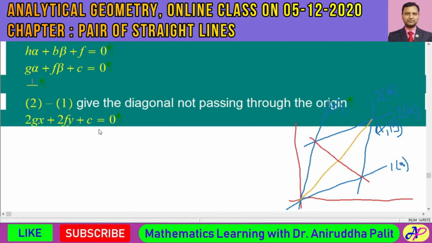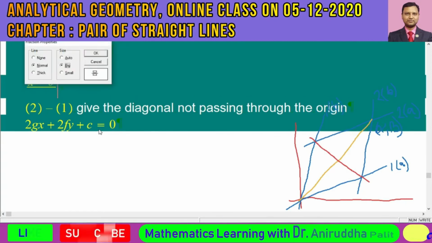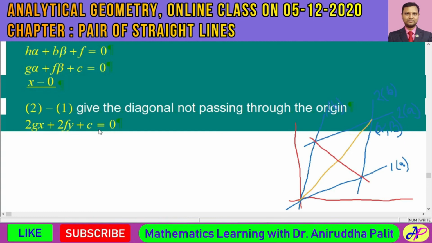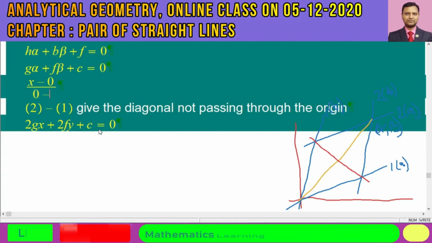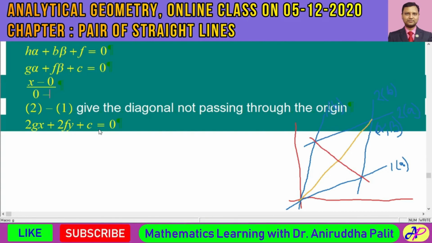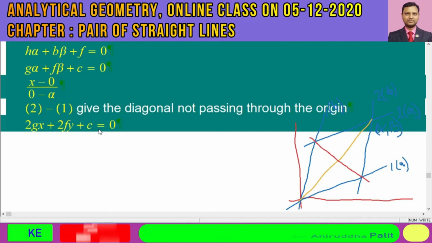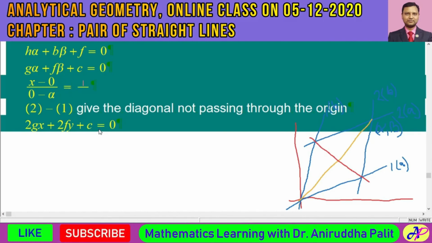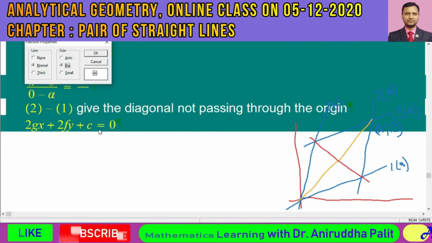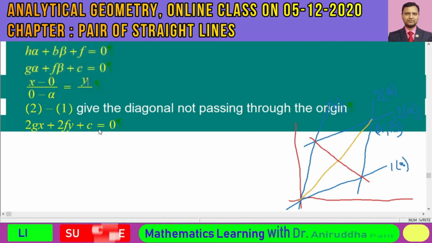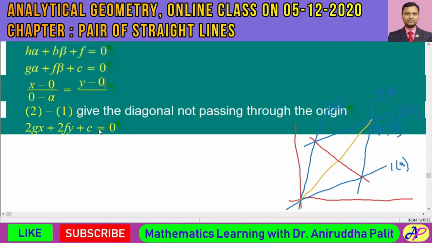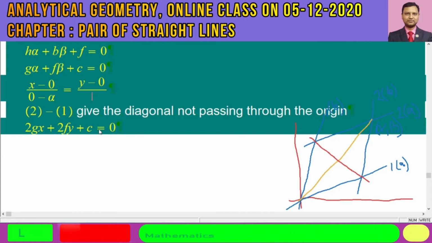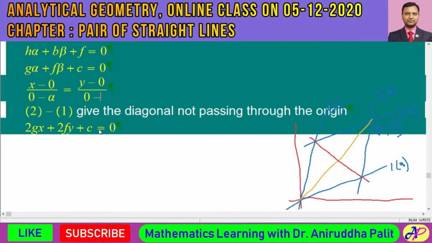We have a formula: x minus x1 divided by x1 minus x2 equals y minus y1 divided by y1 minus y2, where x2 is alpha and y2 is beta.